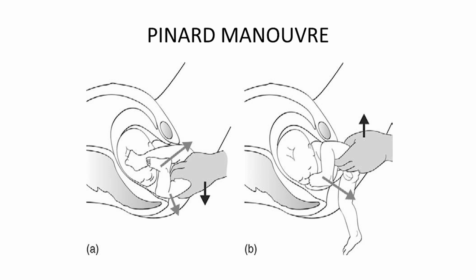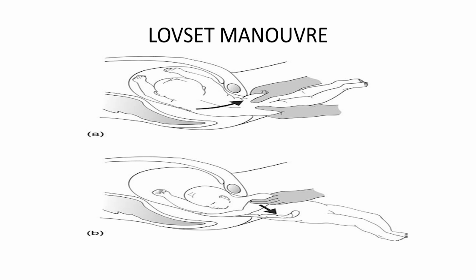So the Pinard maneuver is the maneuver that is employed for delivery of the leg, particularly when the legs are extended. The next maneuver that is relevant is the Løvset maneuver. The Løvset maneuver is usually employed for delivery of the arms, particularly if the arms are extended. If the arms are flexed, then one does not need to employ the Løvset maneuver. But for extended arms, one needs to employ the Løvset maneuver.